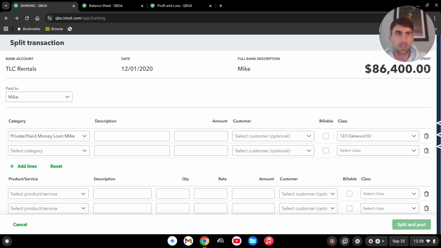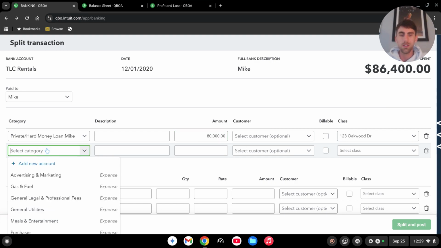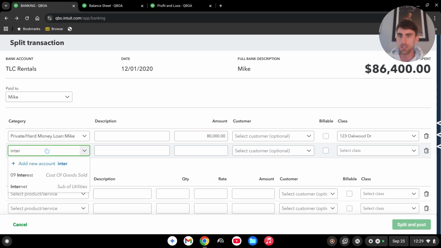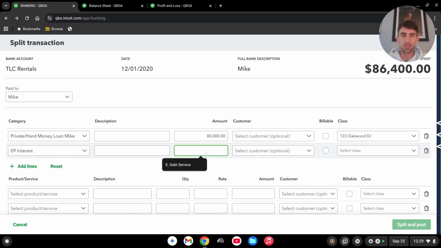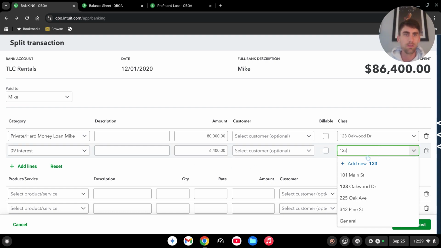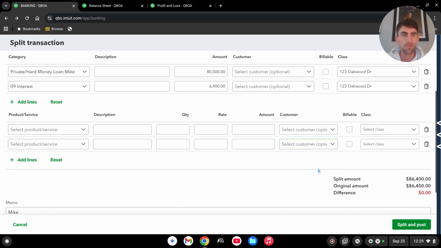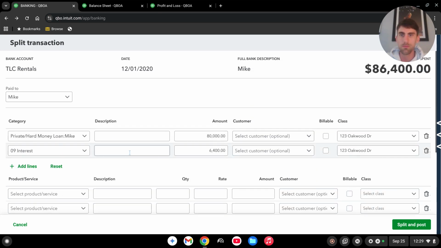So that's why it's 86,400. So we're gonna do 80,000 to offset that liability account. And then this would just be an interest cost for 6,400. Okay, so these should match up. That should go into our interest.